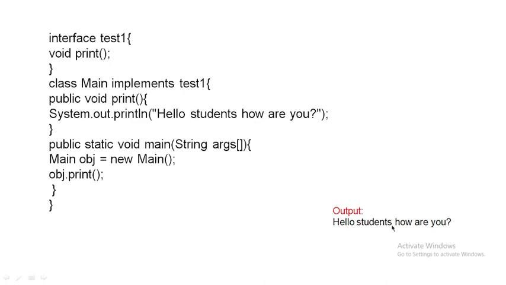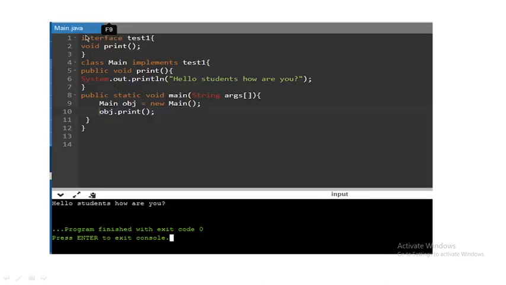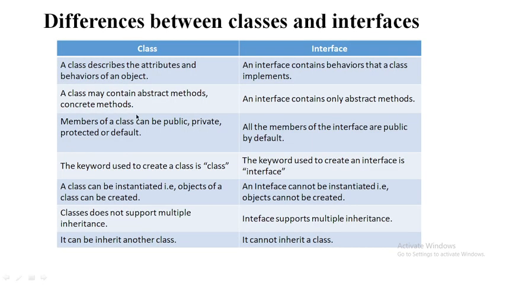Now it is being printed here. I have done this: interface Test1 with void printf, and class Main implements Test1. I executed it in an online compiler and got the same input and output. So what's the difference between classes and interfaces?